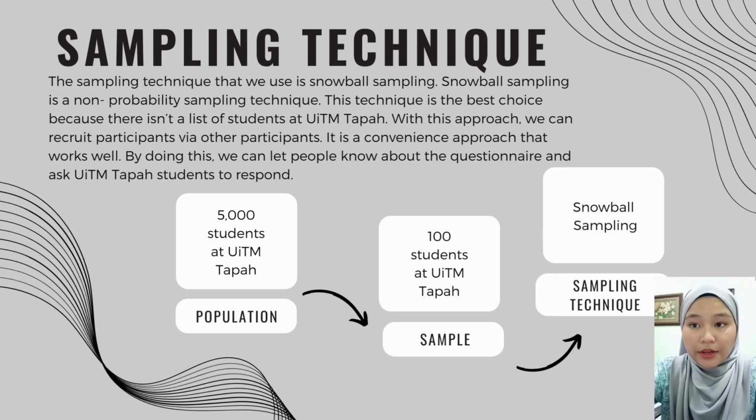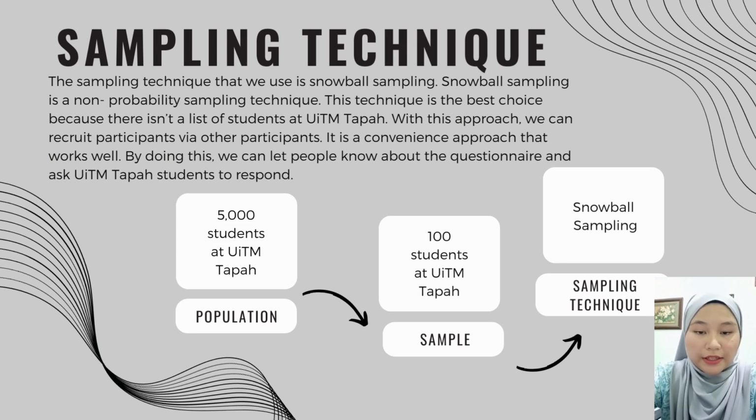For this survey, the sampling technique that we use is snowball sampling. Snowball sampling is a non-probability sampling technique. This technique is the best choice because there isn't a list of students at UiTM Tapah. With this approach, we can recruit participants via other participants.